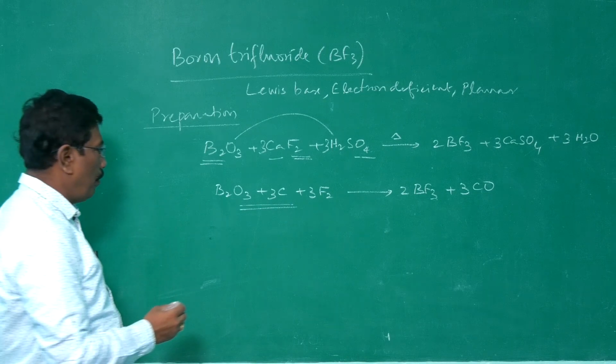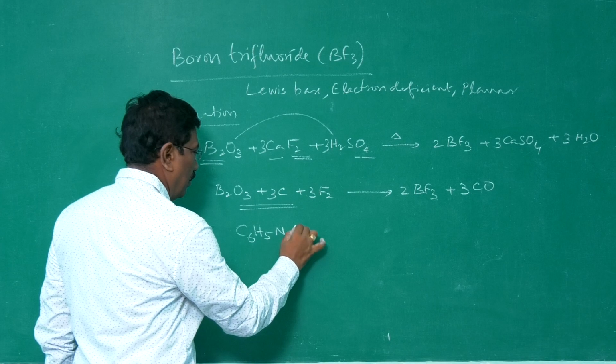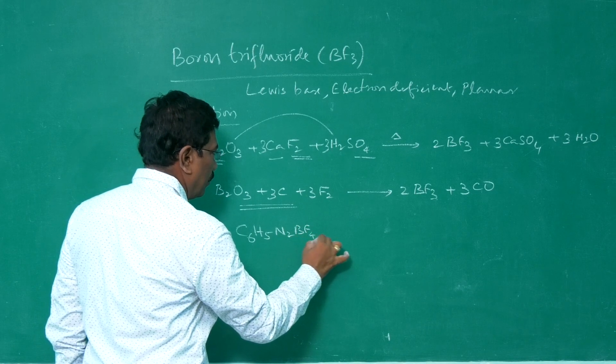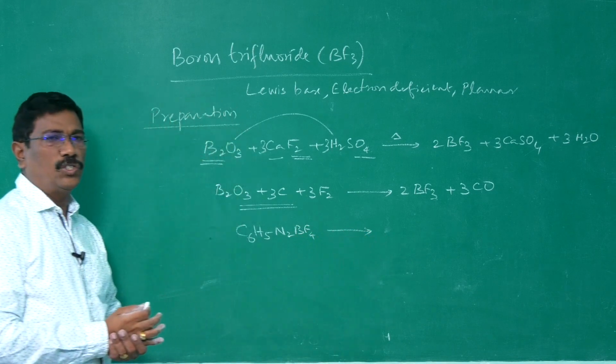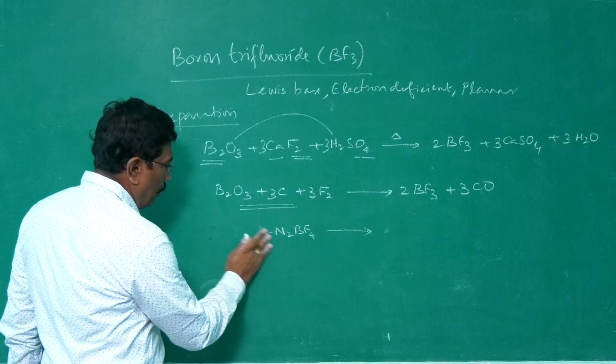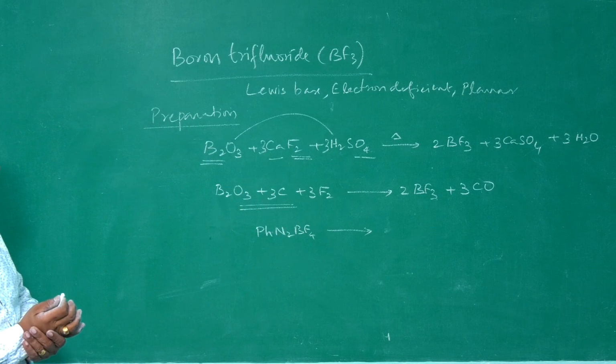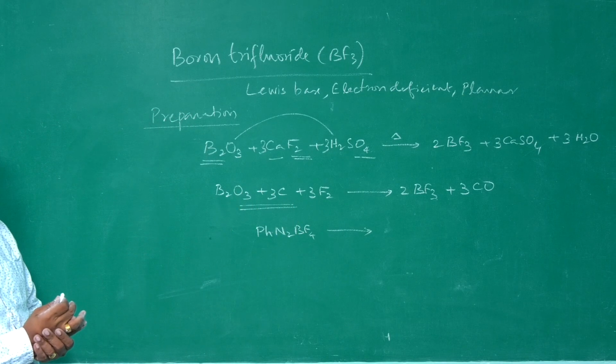It can also be prepared from benzene diazonium fluoroborate. It is a diazonium salt, C6H5N2BF4. This particular group can be mentioned as the phenyl group, Ph. In both ways I can write, either C6H5 or simply Ph.